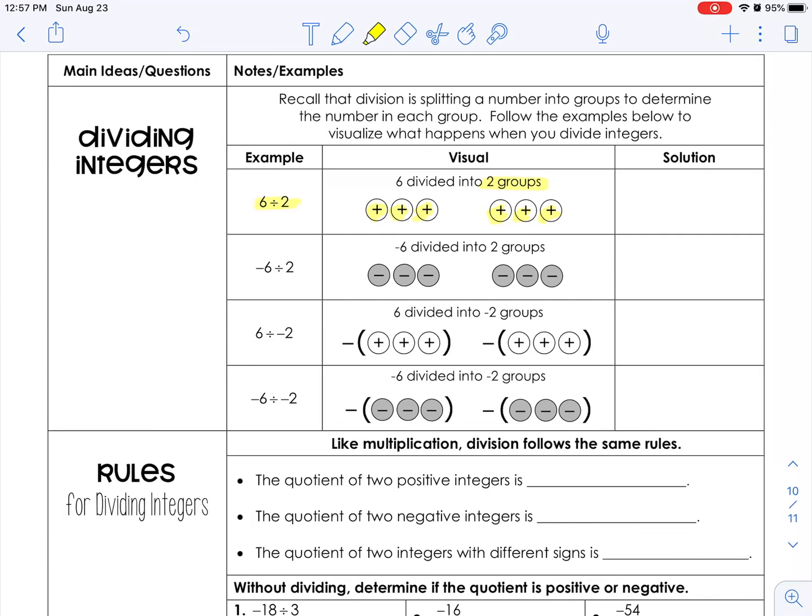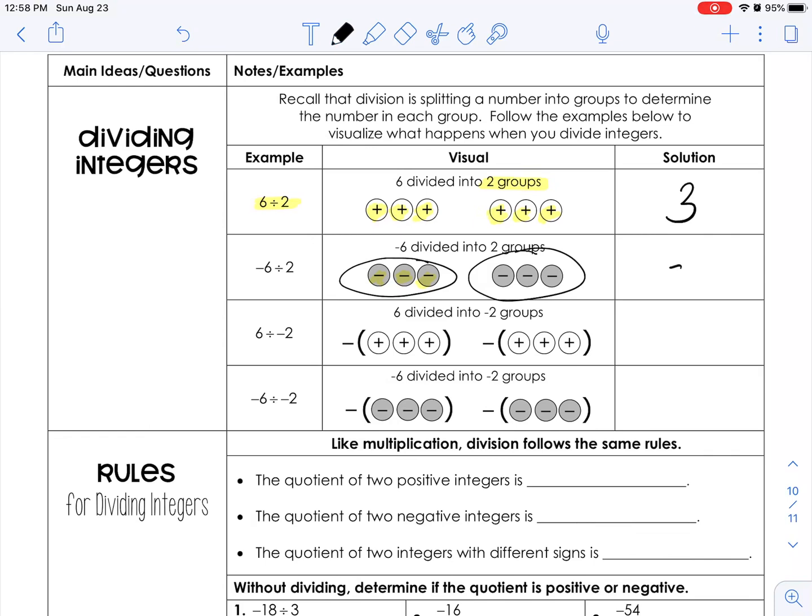And since we're dividing a positive 6, that's 3 positive counters in each group. The next example, negative 6 divided by 2. So again, we know we have 2 groups. And then to evenly divide those negative 6 counters, we need 3 negative counters in each group.